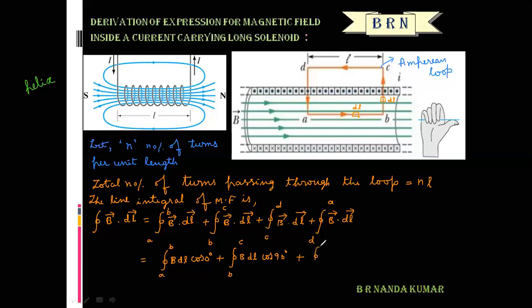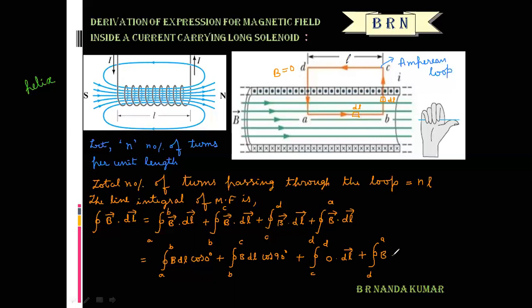Plus integration of, so actually here there is no magnetic field. Magnetic field outside the current carrying solenoid is 0. Integration of C to D, 0 dot dl vector, plus the last term D to A.